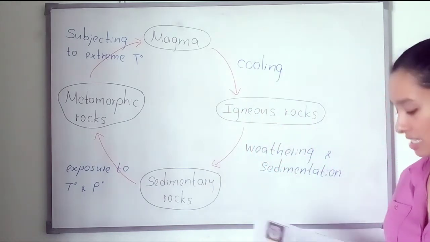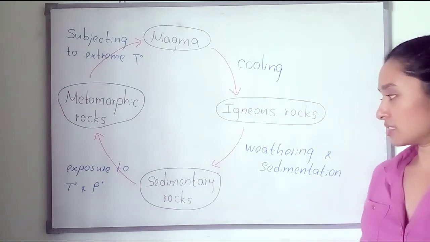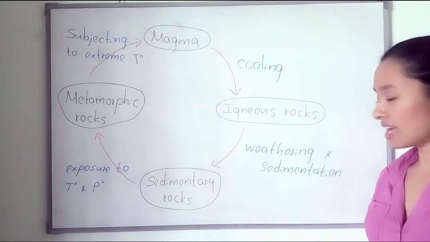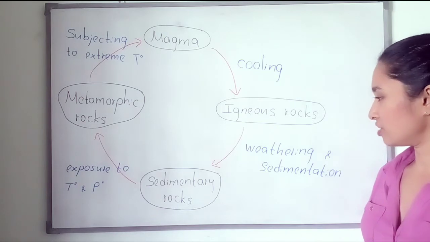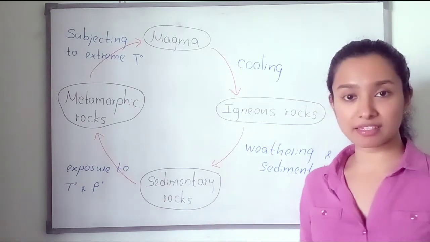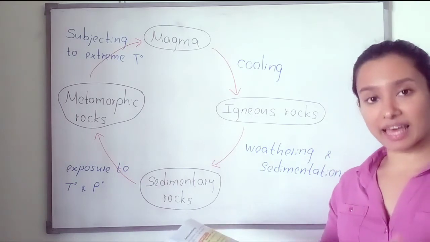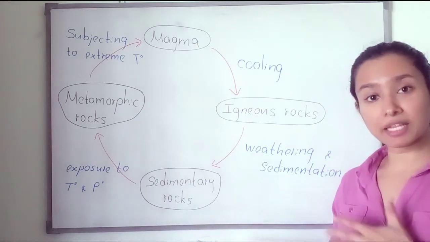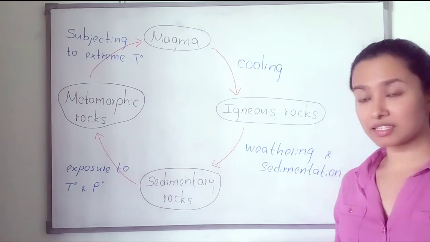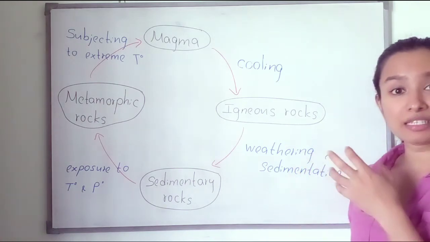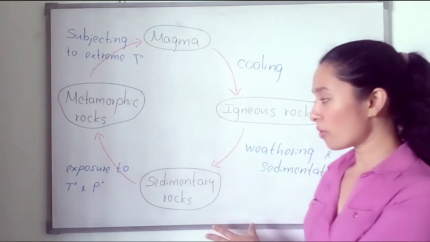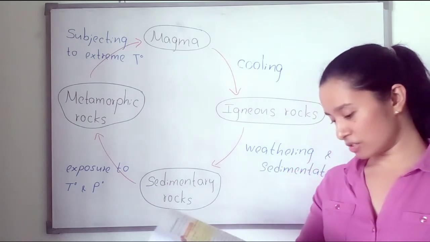These igneous rocks are subjected to weathering and sedimentation and form sedimentary rocks. So these igneous rocks weather and get deposited in many places on our earth and, subjected to sedimentation, form sedimentary rocks.